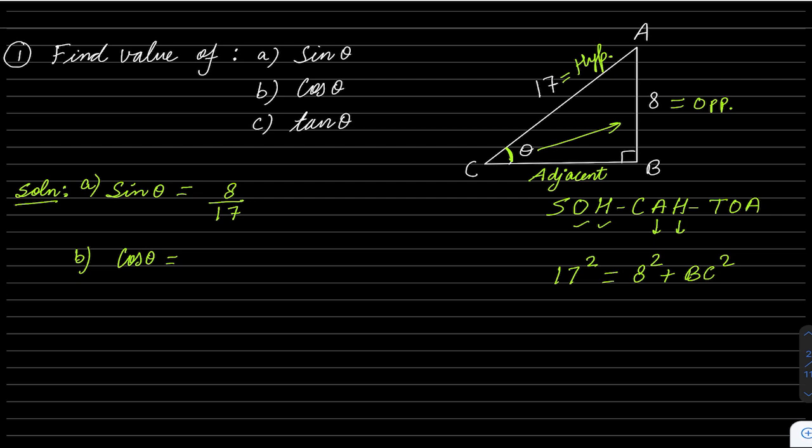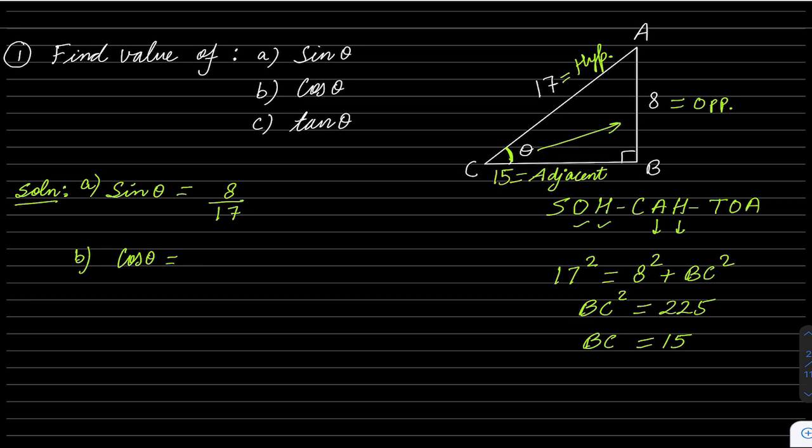So BC square is 17 square, which is 289, minus 64. This is 225. So BC square is 225, and the square root of this will give us BC, which is 15. I am not taking plus minus because I know it's a side, it has to be positive. So BC is 15. This adjacent side is 15.